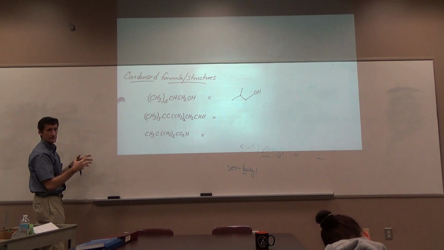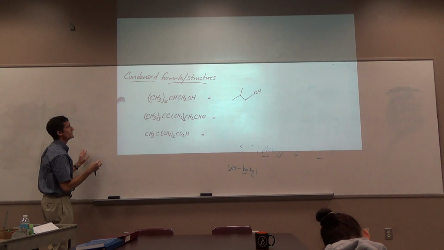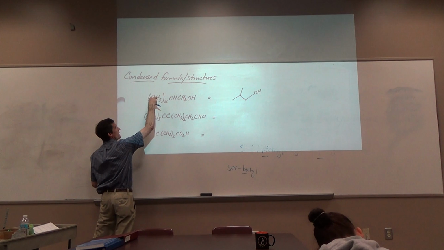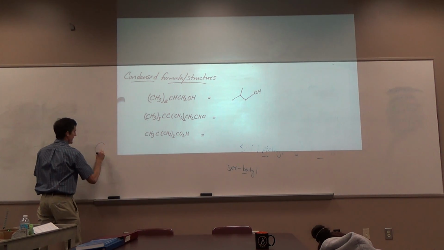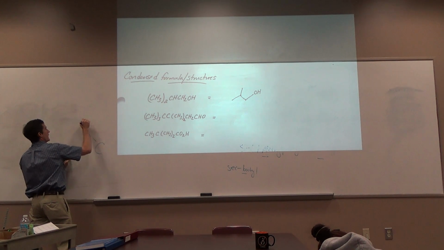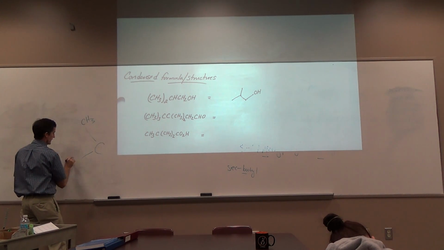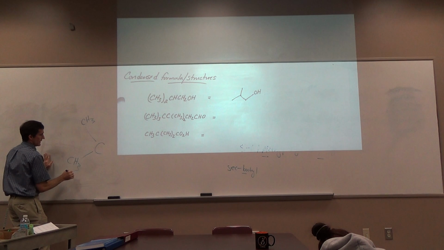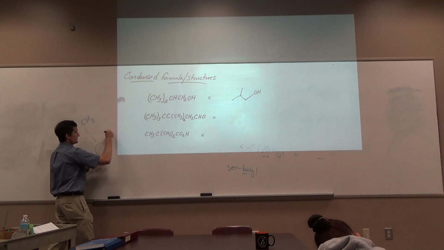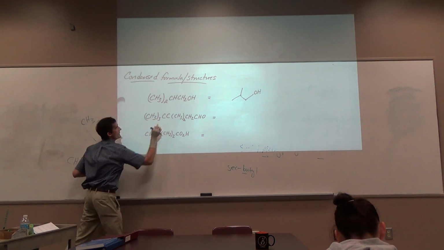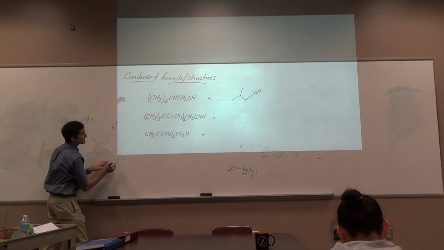Are they just bonded together? No, that's not all you would have. Basically, you've got a carbon with two methyls. Let's draw it out with a C instead of a line. Carbon with two methyls. Now this carbon has what on it? There's an H on it. But then it's also bonded to another carbon.